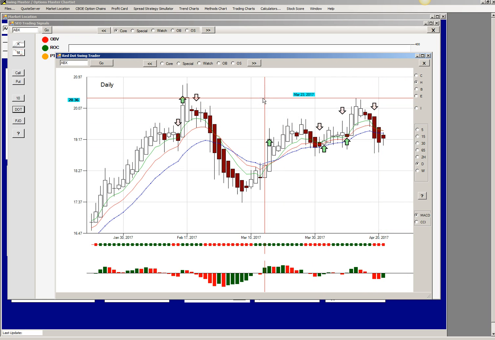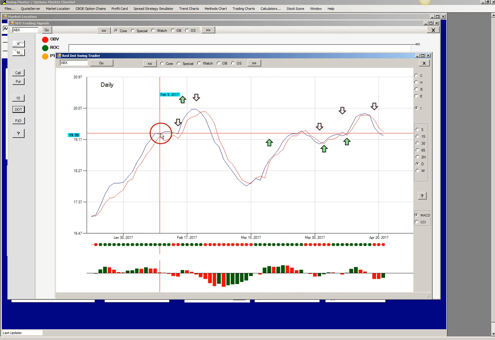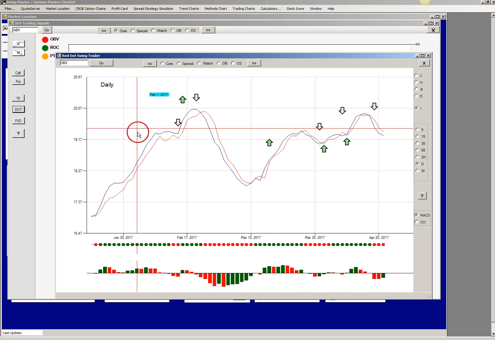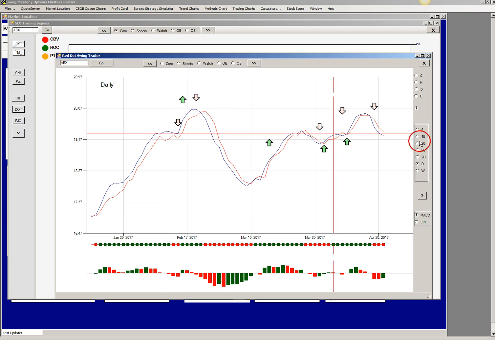And I'm just going to show you one other indicator on here, and we're going to wrap up this video, and that's the eye. Now I'm going to explain this very quickly. The blue line is a weighted moving average of the close, and the red line is an exponential moving average of the open.